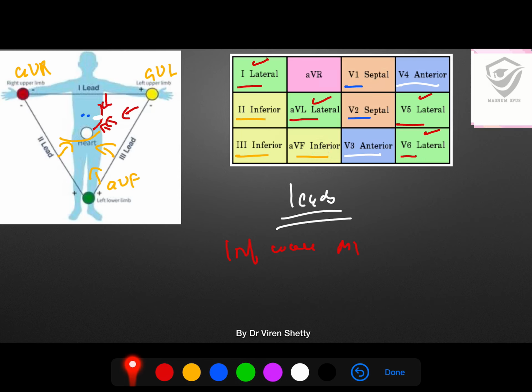And for a lateral wall MI, 1, AVL, V5, V6. So AVR doesn't show much. If a question comes to you that changes are seen in lead 2, 3, AVF, so which MI is it, then you have to remember this diagram is very important. Even if you conceptually understand the leads, you will answer the question, but this diagram also you must understand.